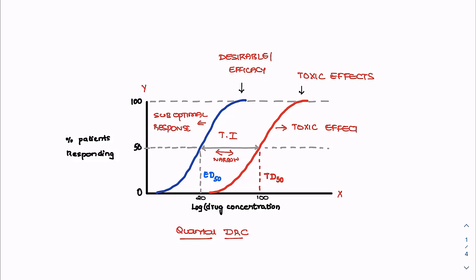In some of the exams they give an equation to calculate the therapeutic index. So what would be the therapeutic index in this graph? If you put the values here, therapeutic index equals therapeutic dose 50 by the median effective dose 50.